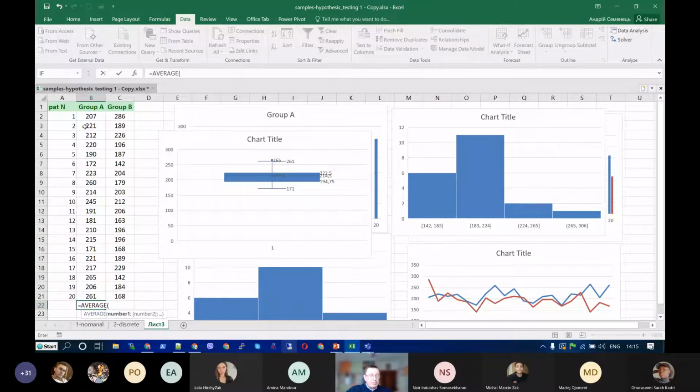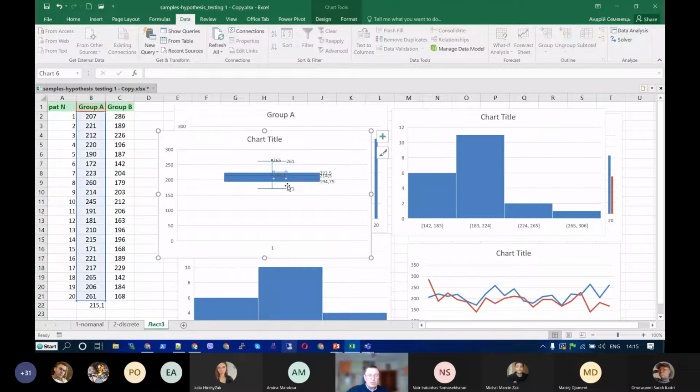mean, and it will be definitely correct. And it's exactly here this value in the center, as you can see, mean value.